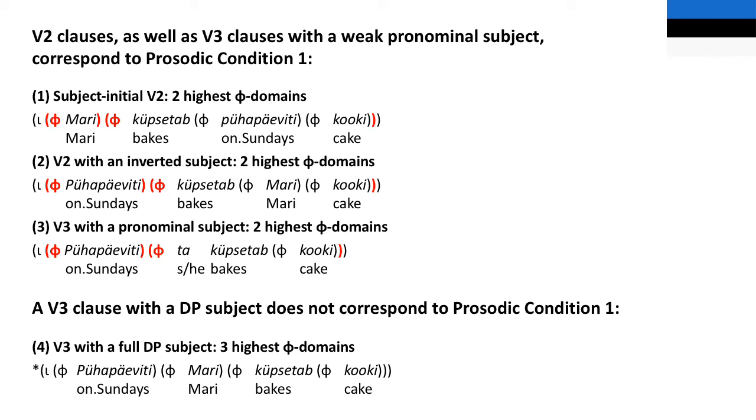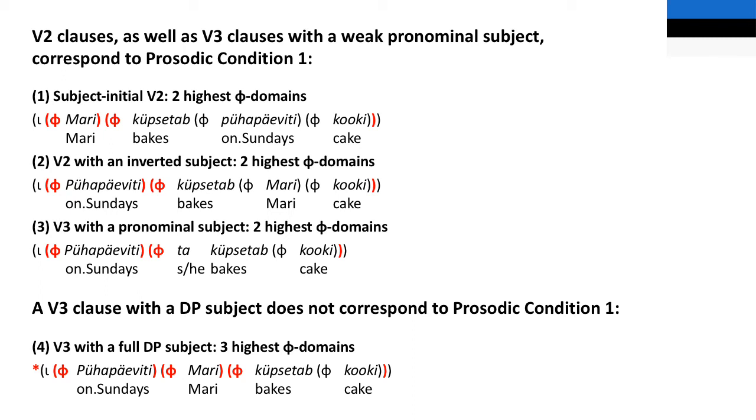In all these cases, the clause is expected to correspond to at most two highest level phi domains. However, this is not the case in verb third clauses with a full DP subject, as in 4. Such clauses are predicted to have a more articulated structure as the highest level of phi phrasing.